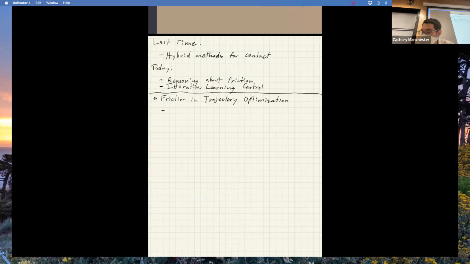Before, in the stuff we did last week, in this hybrid setup, we basically assumed, like with the hopper, sticking contact, right? So we assumed as soon as the foot touched the ground, that was it. And it was basically pinned to the floor. You can think of this as an infinite friction, no slip kind of assumption, right?